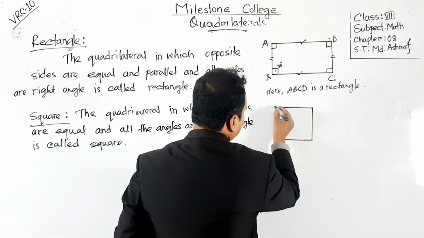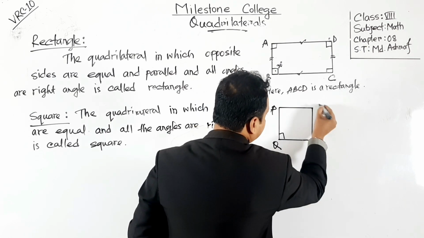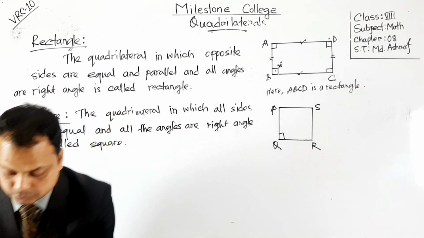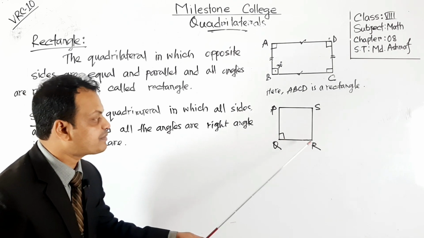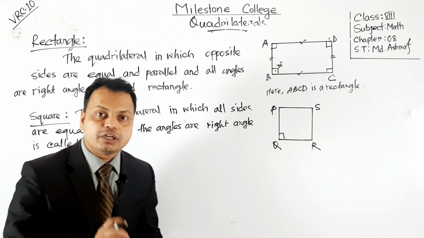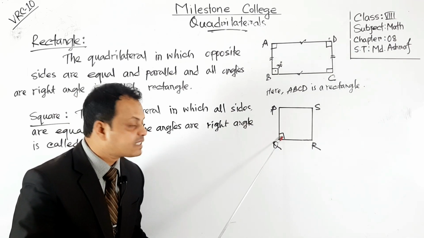We can give another name, PQRS. So this is a figure whose all sides are equal. Here we have taken length PQ as 5 centimeter, QR 5 centimeter, RS 5 centimeter, PS 5 centimeter. That means all four sides' lengths are equal, and all these angles are 90 degrees.